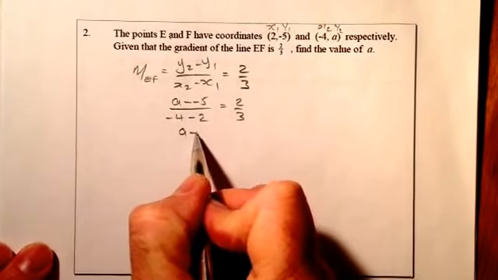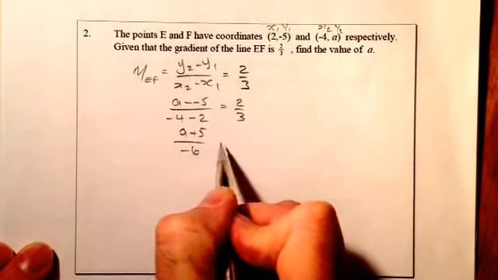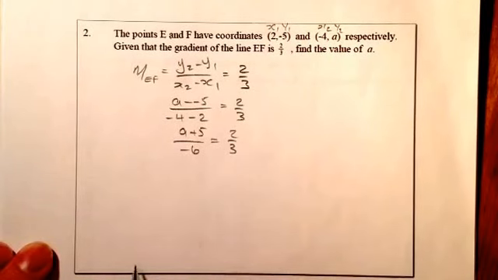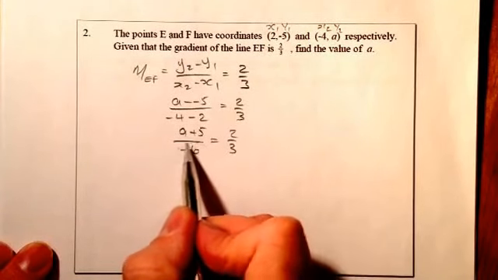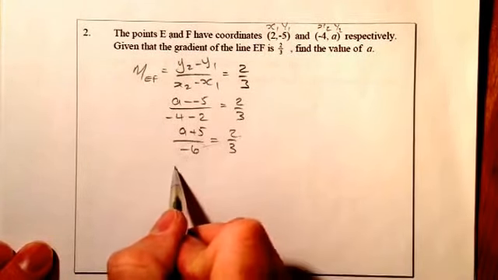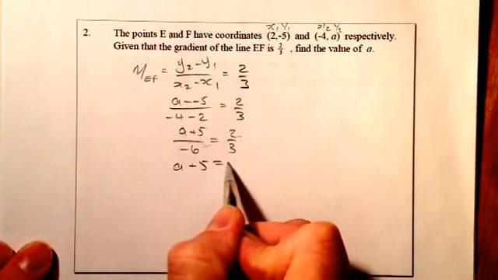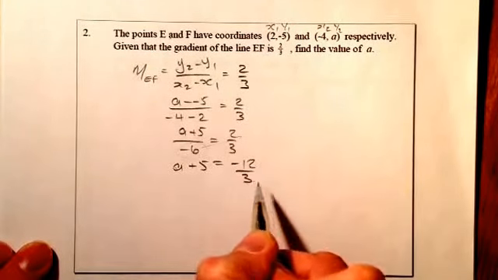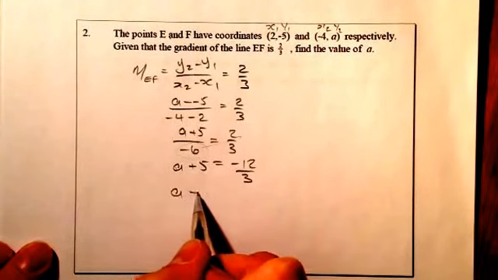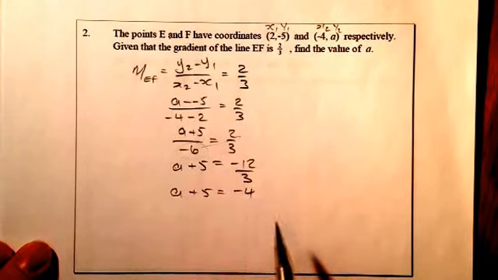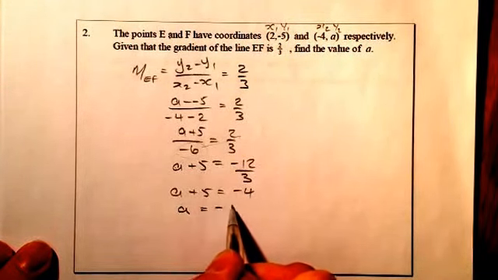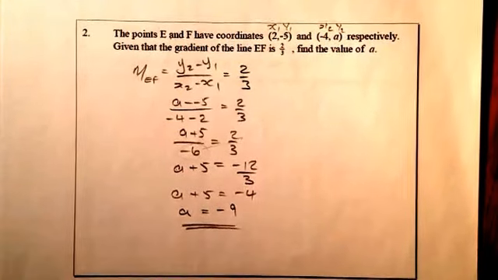So that's A plus 5 all over minus 6 is equal to 2 over 3. To get rid of this 6, I'm going to multiply it up at the top. So that gives me minus 12 over 3, and that works out to be minus 4. So what I've got here is A is equal to minus 9.